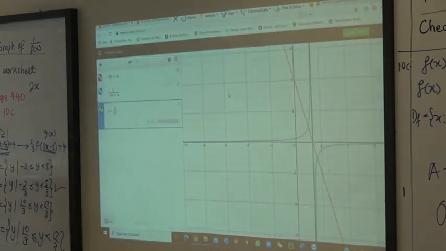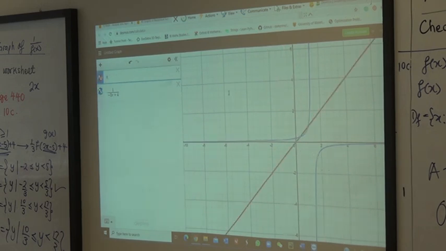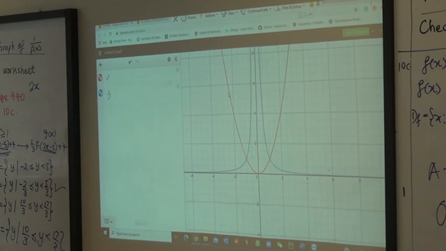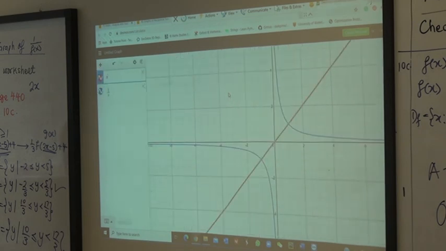So let's see. So if I plot 1, so that's x squared. And the other is 1 over x squared. Okay? So let's see what that does for us. Let's go to the other function.